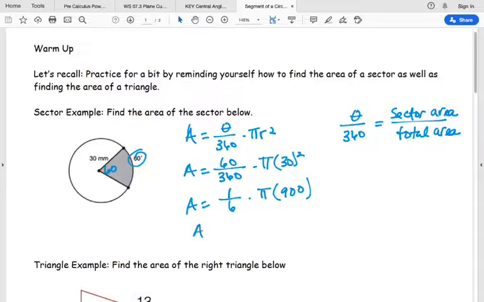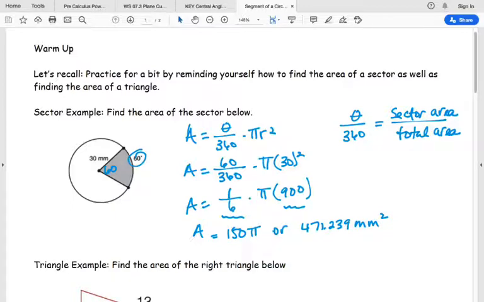When you multiply 1/6 times 900, you get 150, and then that pi attached. So that's an exact answer. The decimal answer would be 471.239 millimeters squared. Either answer is fine. So that's how to find the area of a sector, if you will recall.